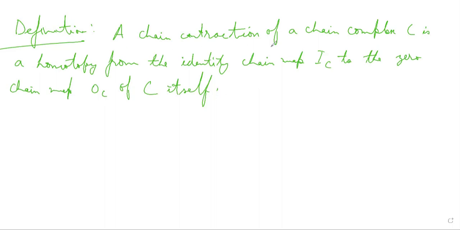So a chain contraction of a chain complex C is a chain homotopy from the identity chain map to the zero chain map.